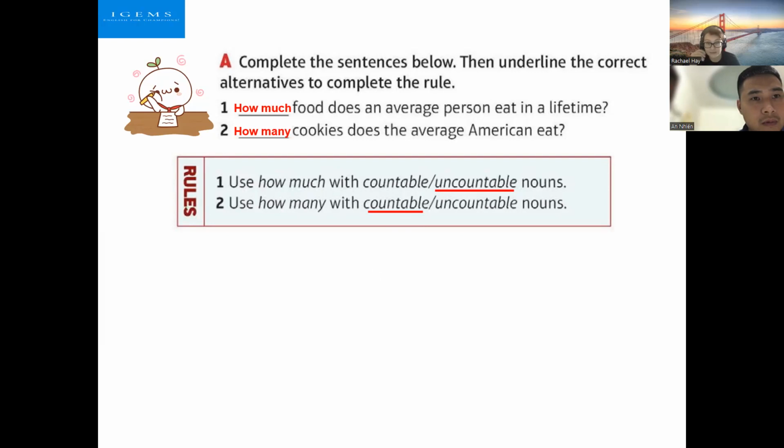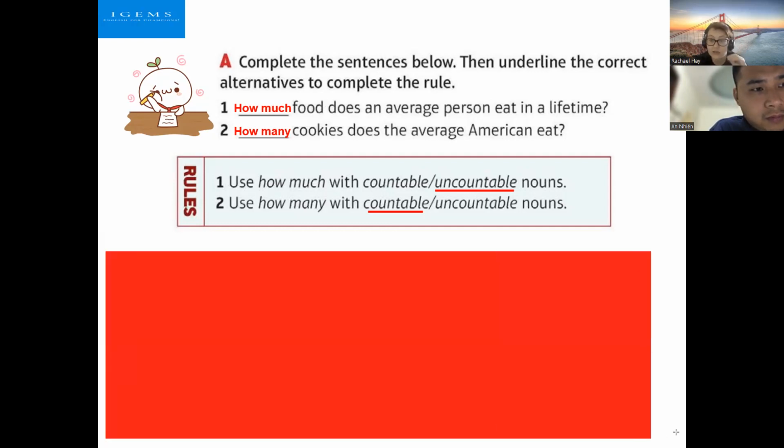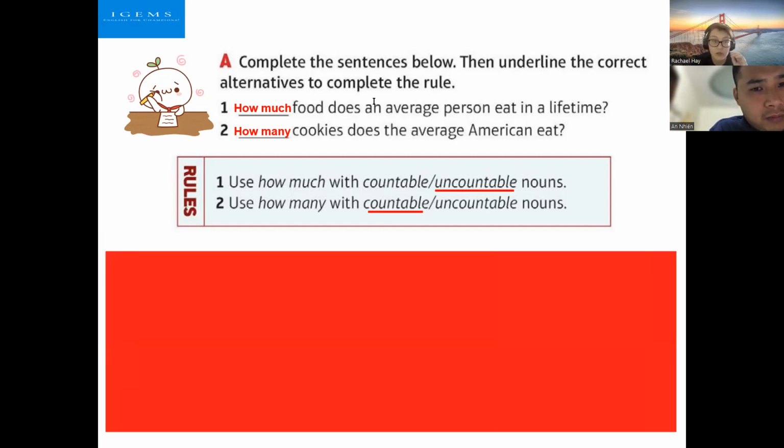Do you understand? No, I don't understand. Okay. So remember I said we use how much if the word is not plural. So plural means more than one. So if the word is singular, like food, rice, sand, stuff like that, sand and rice are uncountable.